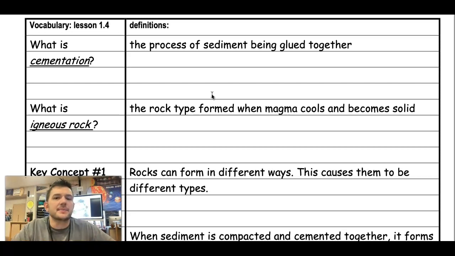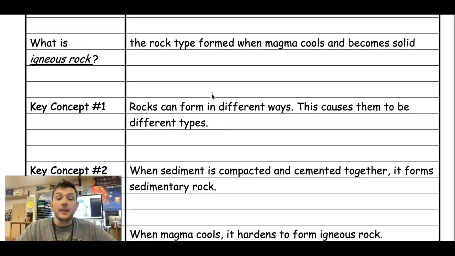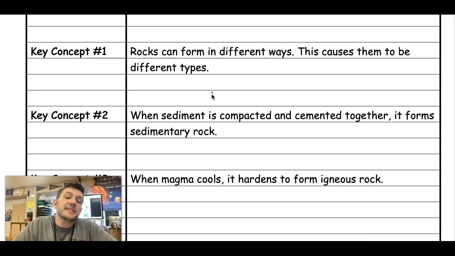Now, the key concepts that you should be learning throughout this chapter are, one, rocks can form in different ways. This causes them to be different types. So you have sedimentary rocks, and we also talked about igneous rock. There's also metamorphic rocks we'll talk about later. Key concept 2 is when sediment is compacted and cemented together, it can form sedimentary rock.